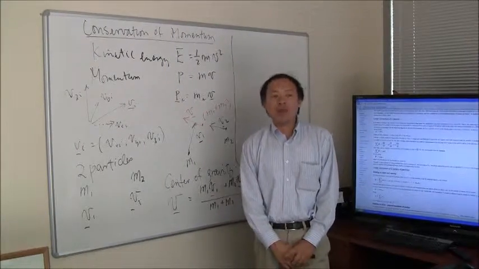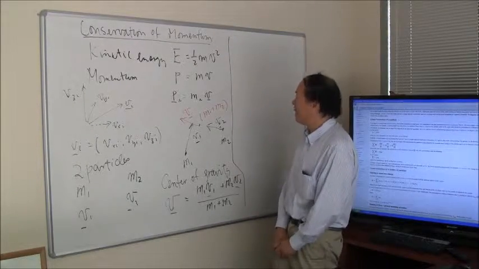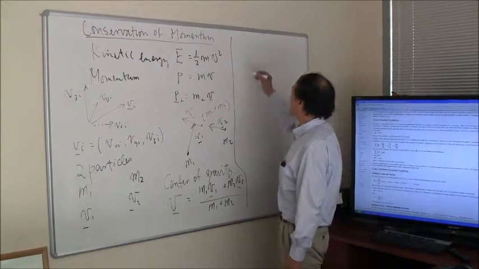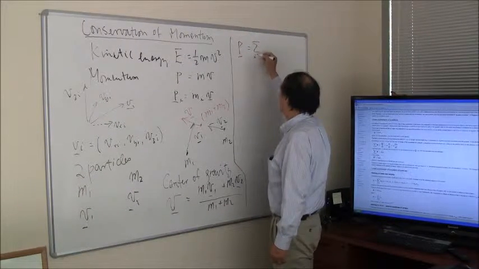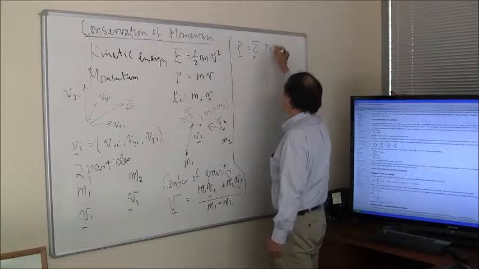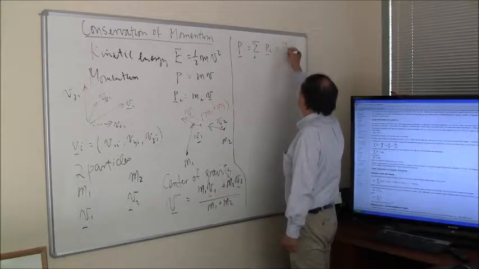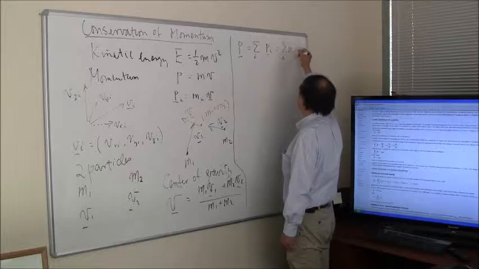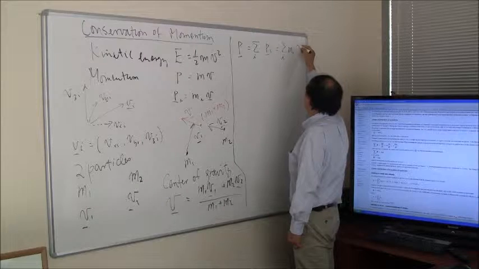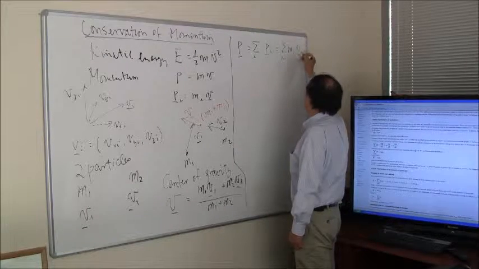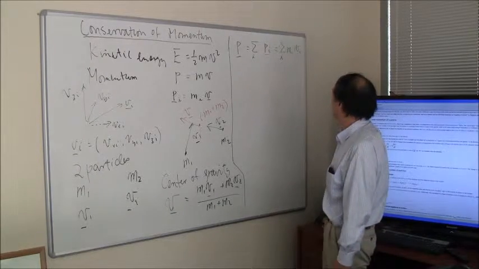Now that we have defined what momentum is for each particle, we also define the total momentum P as the sum over all particles of the constituent momenta p_i. That is equivalent to the sum of m_i times v_i, so this is a vector sum of the momentum of the different particles.